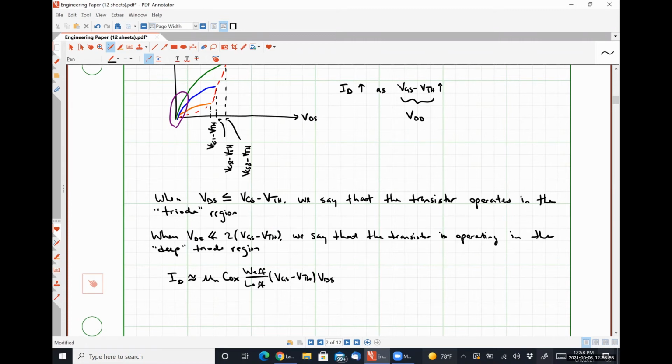So when VDS is very, very small, you square it, it gets even smaller, and that part effectively gets thrown away from our original expression. So we have a roughly linear relationship between our drain current and our drain source voltage. Okay. Since we have a linear relationship between current and voltage, what is the transistor behaving like?